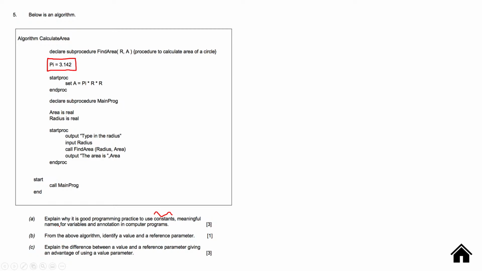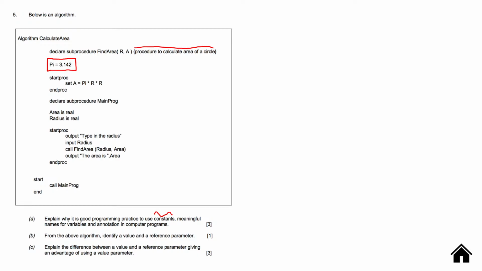Meaningful names are classed as self-documenting identifiers. What that means is that whatever the variable does or holds, it's named after. For example, if a variable is called total score, then you know it's going to hold the total score. That is a good self-documenting identifier or meaningful name. And then we have annotation. Annotation in our algorithm basically explains in simple, plain terms exactly what the algorithm is doing.